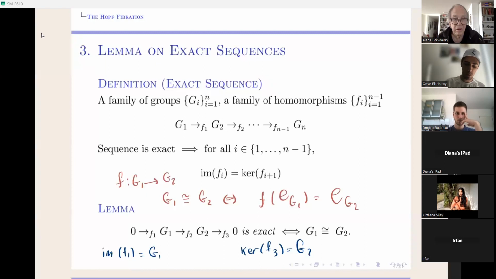And then the linking part is by looking at the image of F2. Actually, yeah, so you look at the image of F2, which is going to be equal to the kernel of F3. So I wasn't planning to do this, but I already got involved in it, so let me just finish it here.